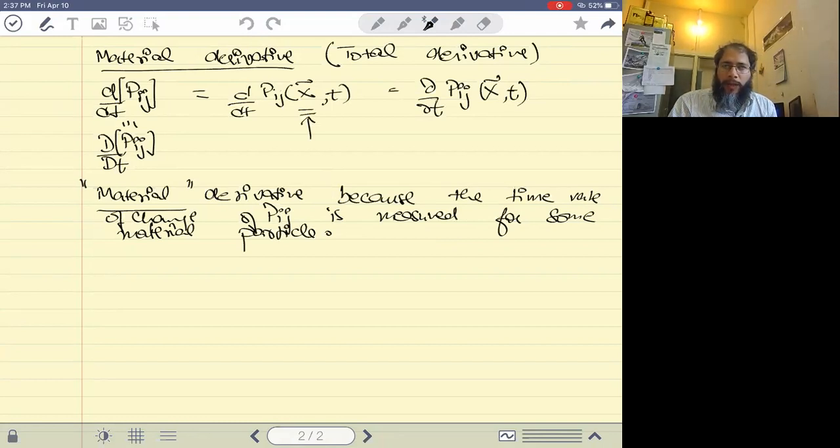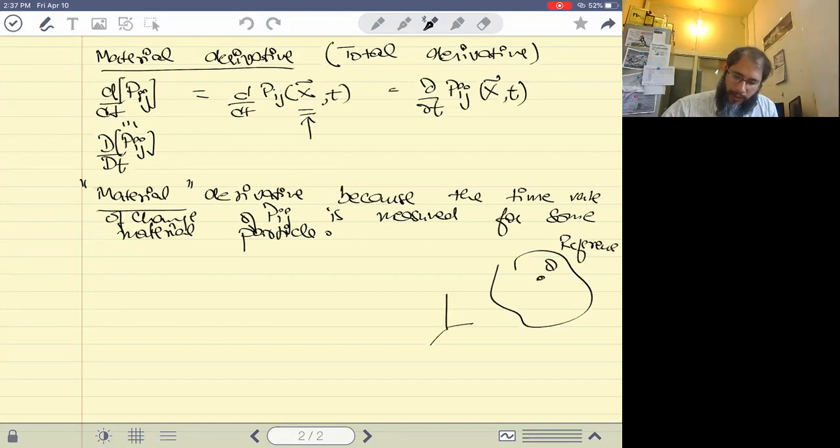If I supply some particular value of this capital X, let's say I have some body in the reference coordinate system, you have a point Q here, and the point Q has capital XQ as its material coordinates.